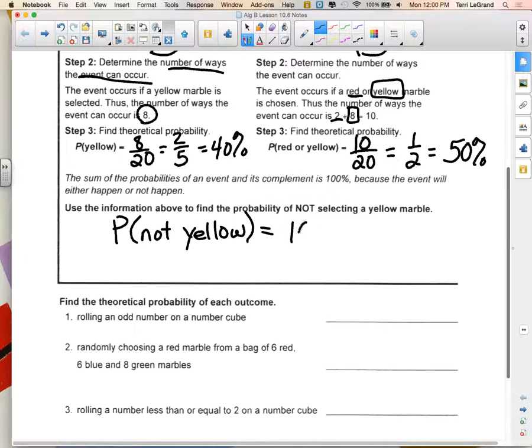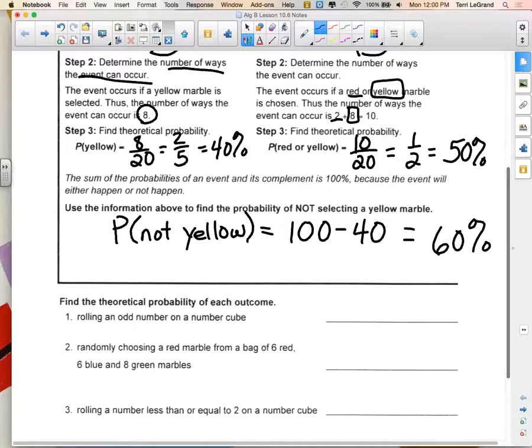So we should be able to just subtract that from 100, and we'll know the probability of not getting yellow. We don't have to figure out how many marbles aren't yellow and put them over 20 and do all that work. We can just do this simple subtraction problem. And it is 60%.